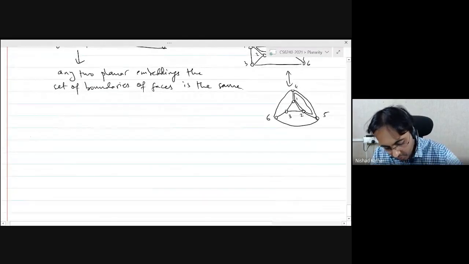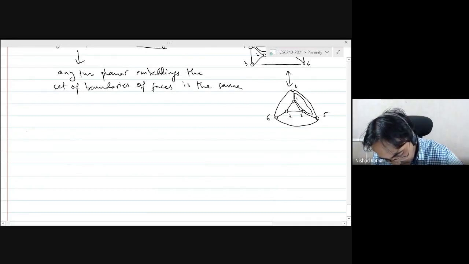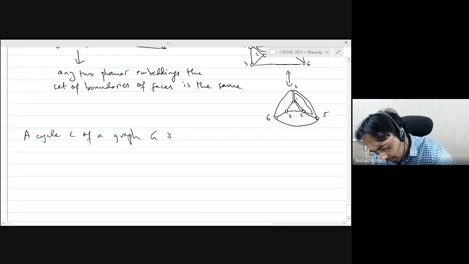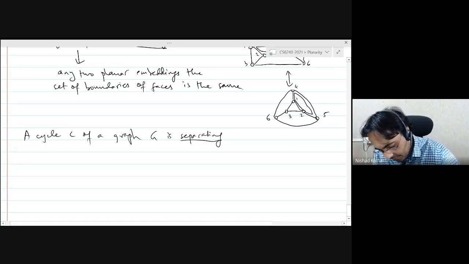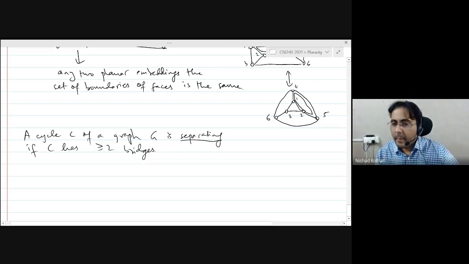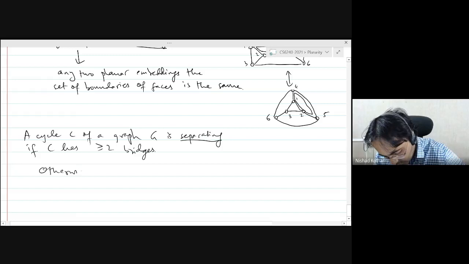Good. So a cycle C of a graph G is separating if C has at least two bridges. Otherwise, it is non-separating.